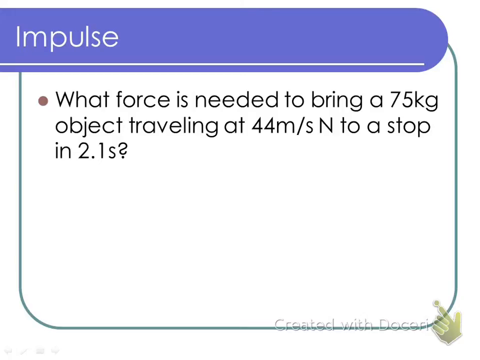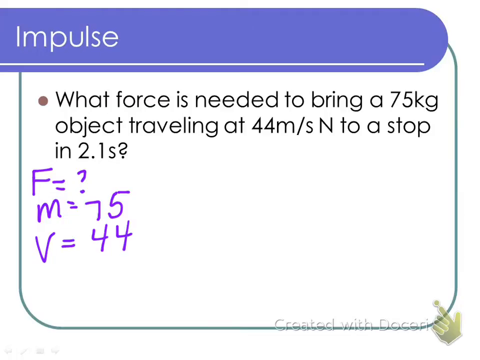No. So you have to understand how these things tie together. Force is what we're solving for. Mass is 75. Velocity is 44. Is that initial velocity or final velocity? Initial. And time here is 2.1.